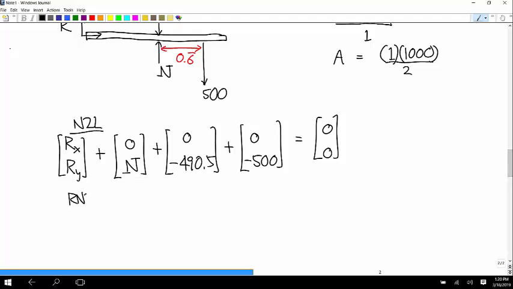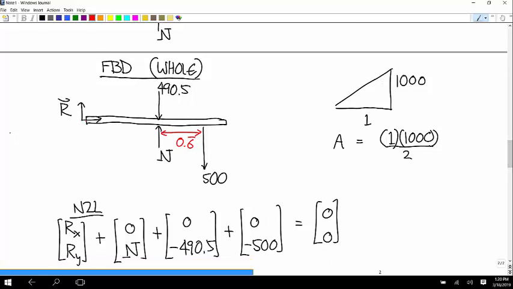And the moment equation, we can choose an about point. I guess I'll choose this one. So there's no moment produced by R. The 490.5, if this is the about point, the moment arm for that force is 1. And would that force produce a clockwise or counterclockwise moment around the about point?